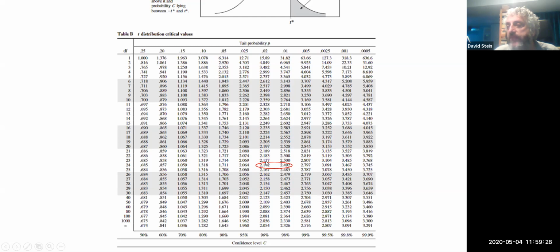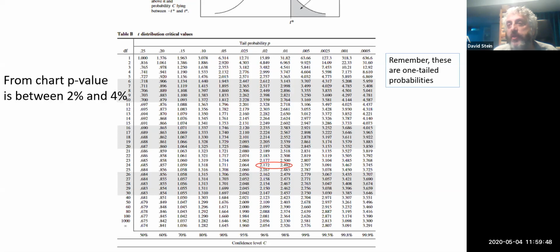And so our p-value, our tail probability, is somewhere between 0.01 and 0.02. But remember, this table has one tail probabilities. Look at the picture. That means I have to double my p-value. And so I'm going to say the chart gives me a p-value of somewhere between 2 and 4%.